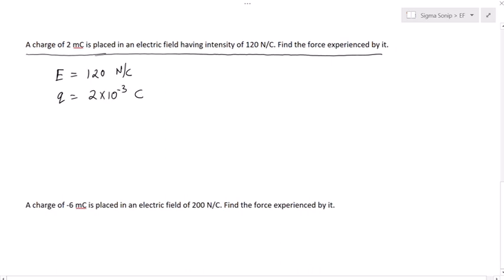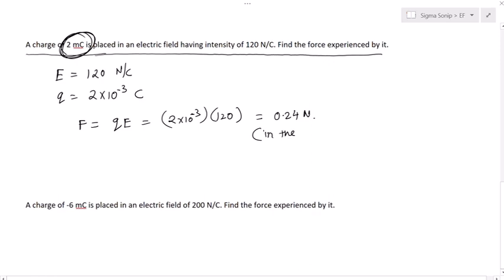So F is equal to Q times E, which is 2 times 10 to the power minus 3 times 120, and that will give me 0.24 Newton. And because this 2 millicoulomb is a positive charge, I can write the direction here in the direction of E. That's the answer there.